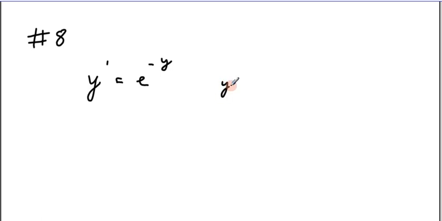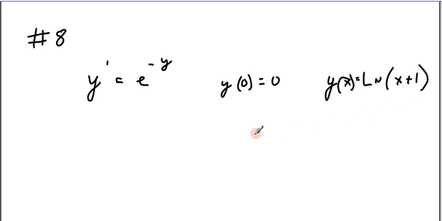And we have y0 is 0. And we have the analytic solution, y of x is natural log x plus 1. Don't ask me how they got that. We're on an interval of 0 to 1/2, and we're using an h of 1/10.